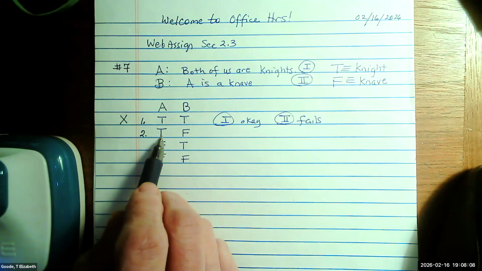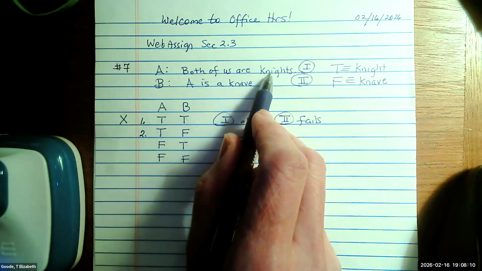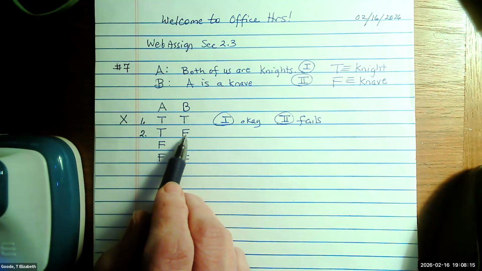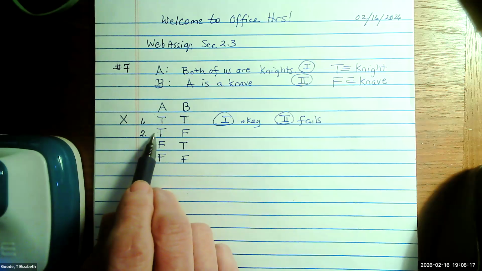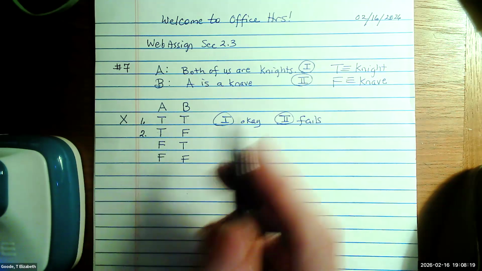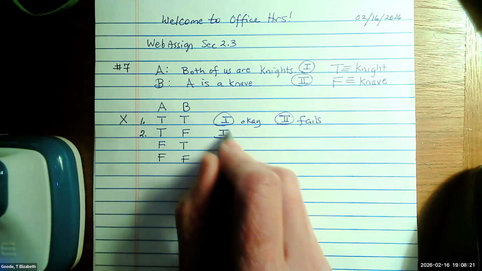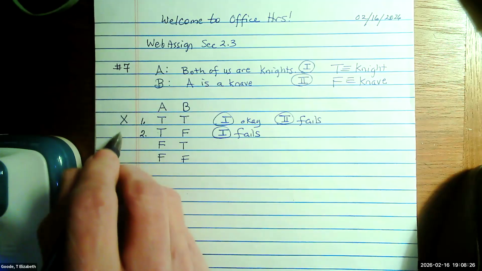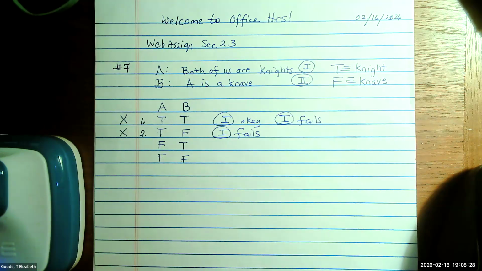Only A is a knight, so it can't be true that both of us are knights because B isn't a knight in row two. But what A says has to be true because A is a knight in row two. So this first statement is going to fail. So that's not possible. You see what I mean?